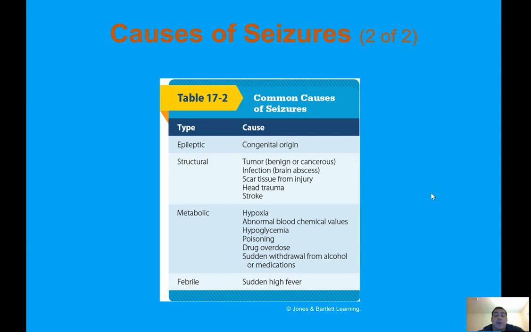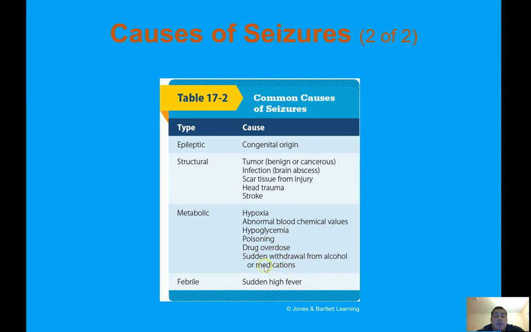So here's another table, your common causes of seizures, and it breaks it down into epileptic, structural, metabolic, or febrile. There's going to be your sudden high fever, so anything that spikes pretty quickly is going to cause a febrile seizure. And then metabolic: people with low blood sugar could also have seizures, any poisoning, drug overdose, sudden withdrawal from alcohol or medications.